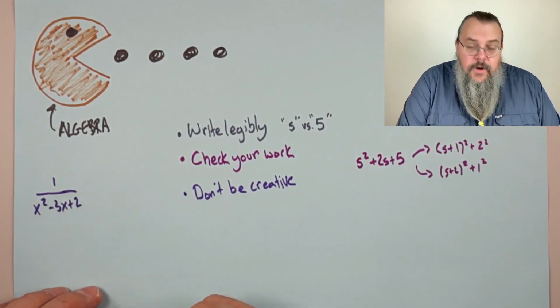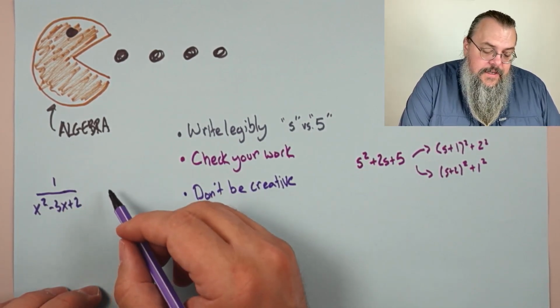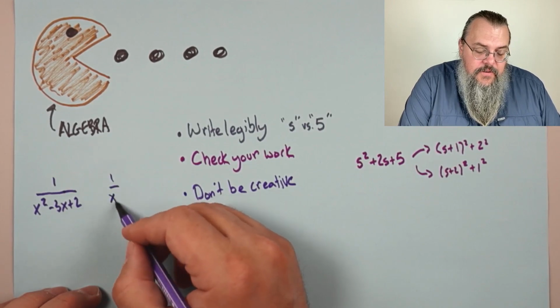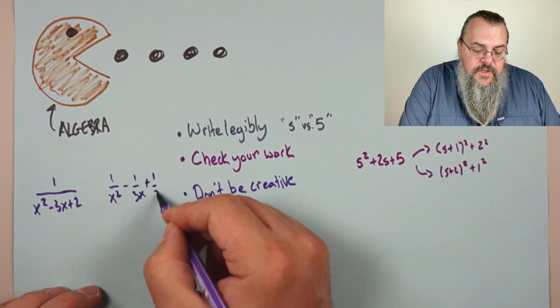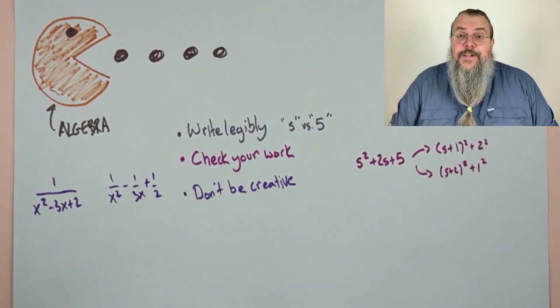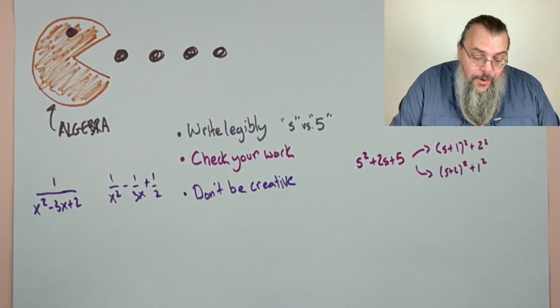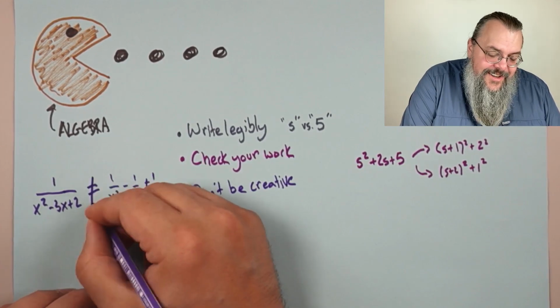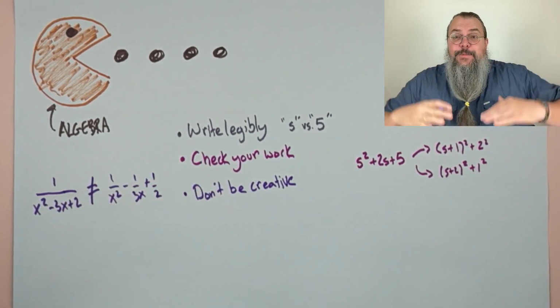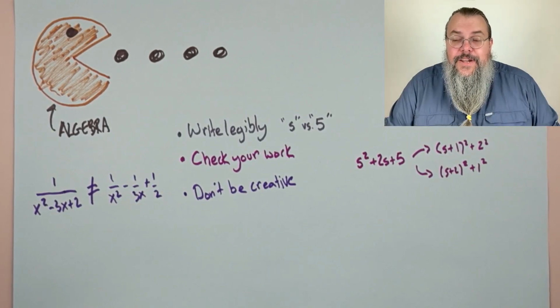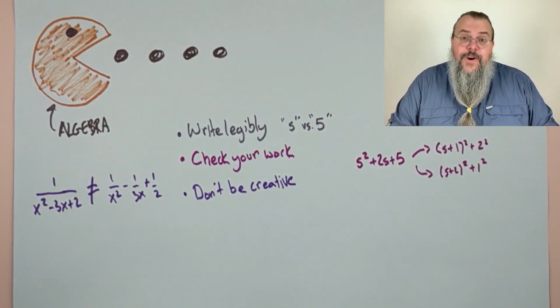What can I do? Well, idea. I'll think of this as 1 over x squared minus 1 over 3x plus 1 over 2. And does that work? No, it doesn't. And as soon as you've been creative, everything from that point on, hopeless. Forget it. So just follow the rules.